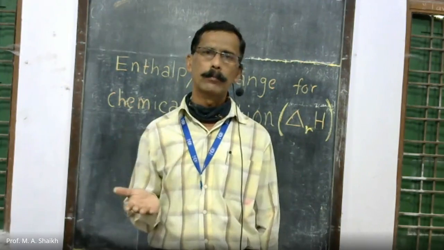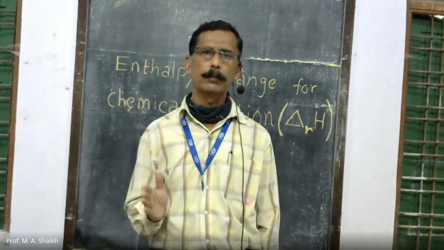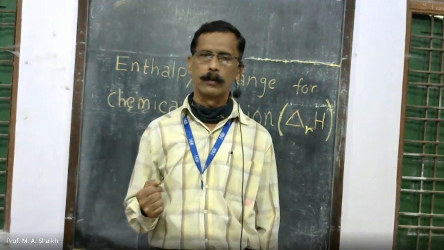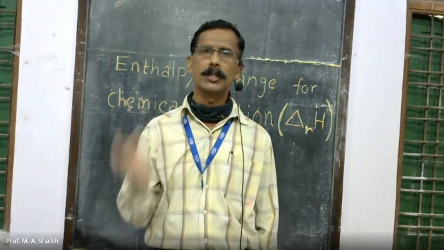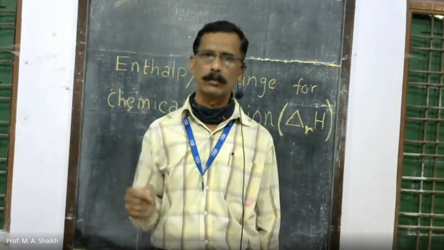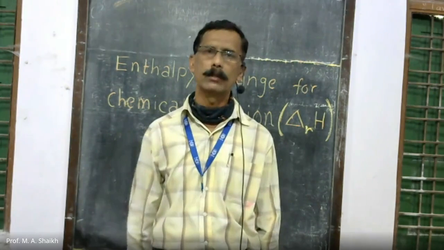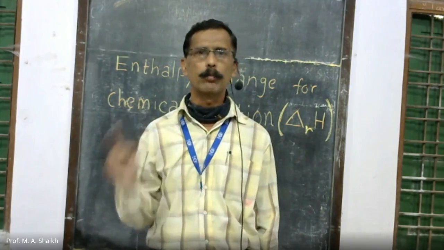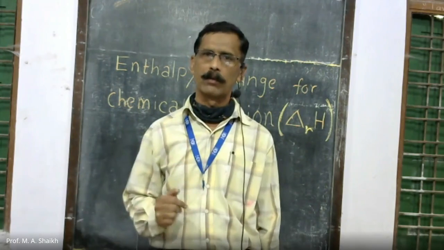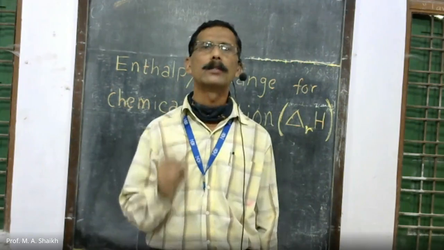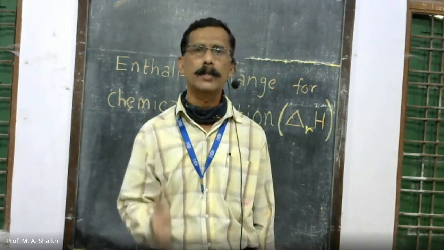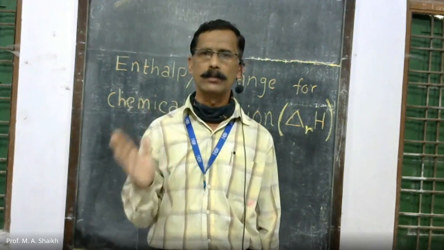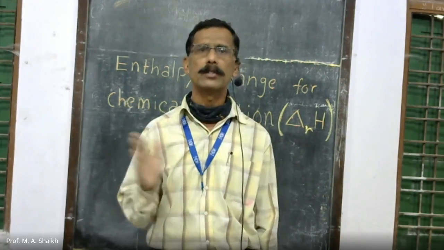We have learned H, that is enthalpy, is a state function. Therefore, we can find out enthalpy change, that is delta H. How to find enthalpy change? Delta H is equal to H2 minus H1, where H2 is the enthalpy of the final state of the system and H1 is the enthalpy of the initial state of the system.